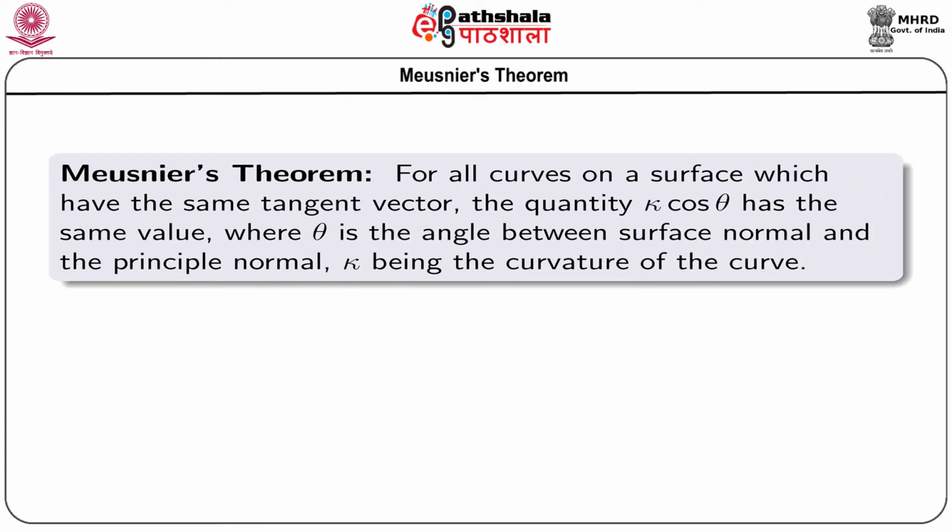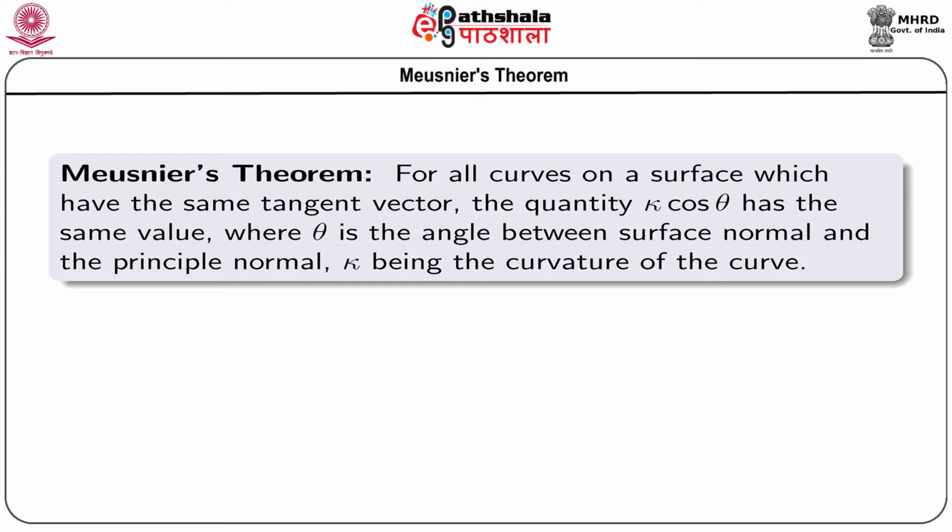Meusnier's theorem. Now, Meusnier's theorem states that for all curves on a surface which have the same tangent vector, the quantity kappa cos theta has the same value, where theta is the angle between surface normal and the principal normal.